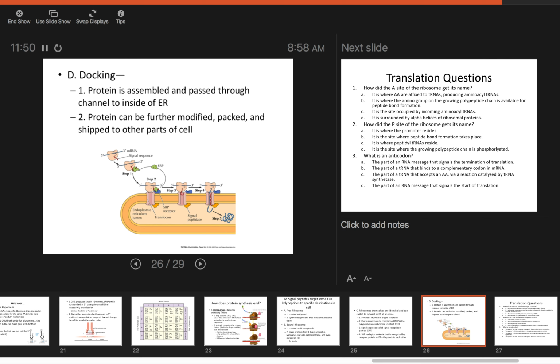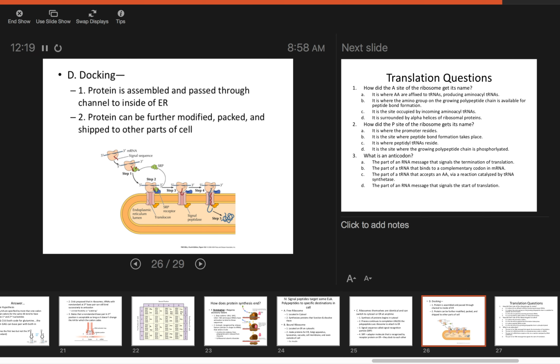Then the signal sequence goes into a little channel that can get into the ER, and your protein starts to get translated. Once it's done, the protein falls away, everything falls apart, and this protein gets folded, packaged into a vesicle, and goes where it needs to go. So the SRP is an adapter molecule that recognizes a signal sequence and brings the ribosome over to the ER.